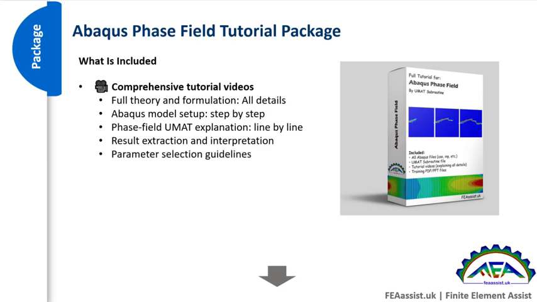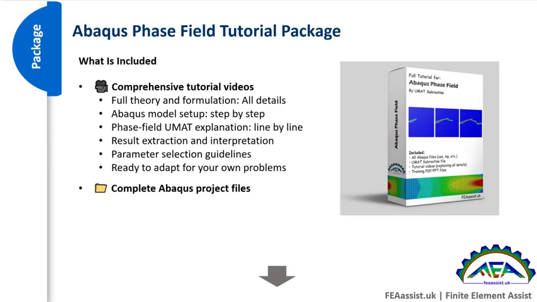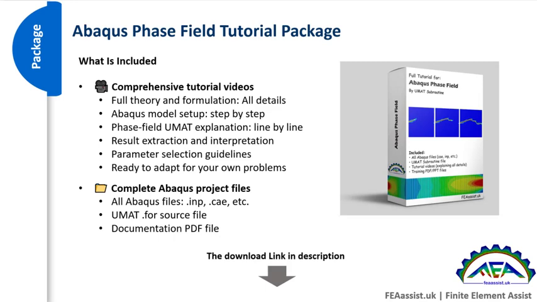We have also explained parameter selection guidelines, and the model is ready to adapt for your own problems. This package also includes complete Abaqus project files, including .inp, .cae and other files. You will also have the UMAT.for subroutine file and all documentation PDF files. The download link of this package is in the description at the bottom of this video.